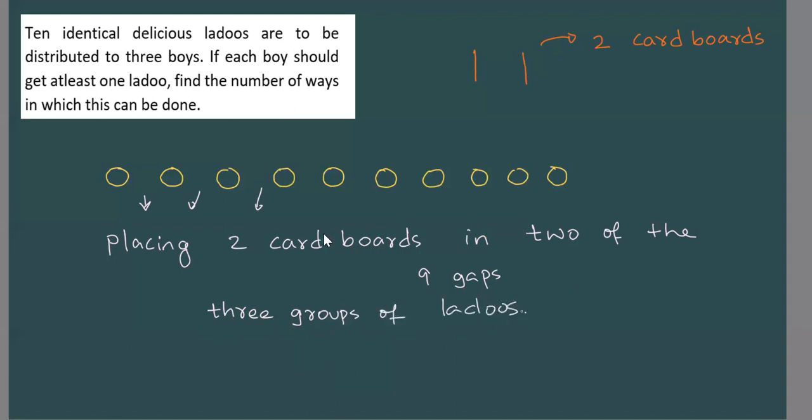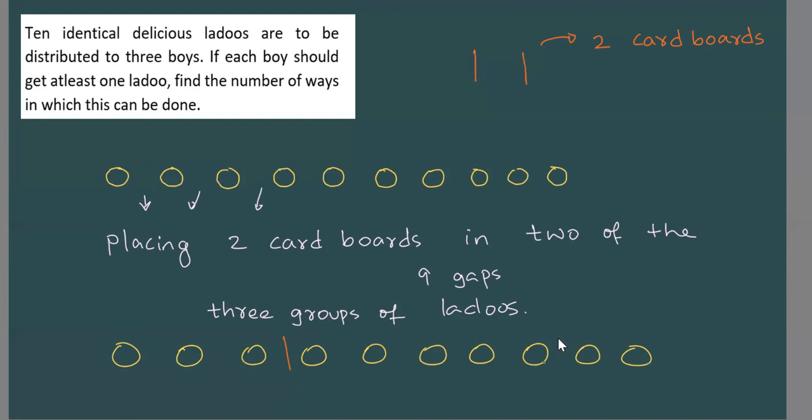Now, let me show you 2 examples here. So if I again put all these laddus, 4, 5, 6, 7, 8, 9, 10. If I place my first cardboard here, I cannot place another cardboard here. I will be selecting 2 places out of 9 places, and in each place I place 1 cardboard.